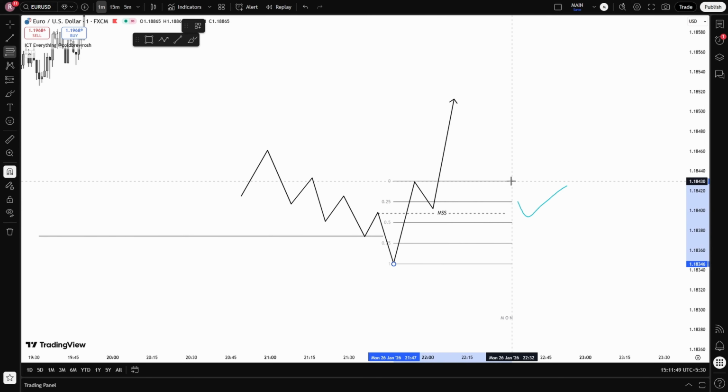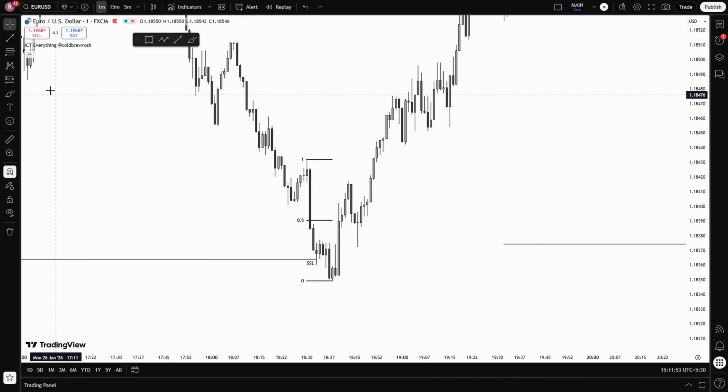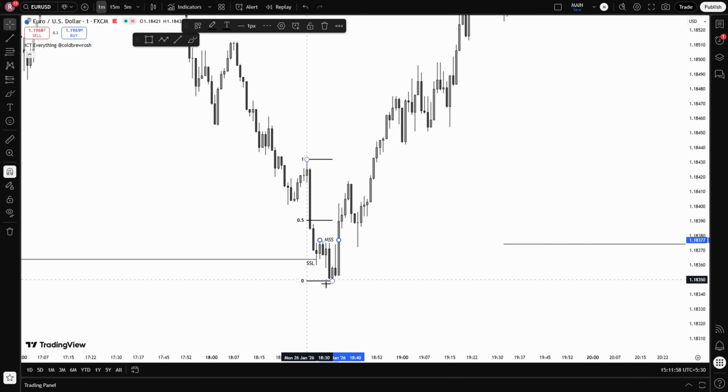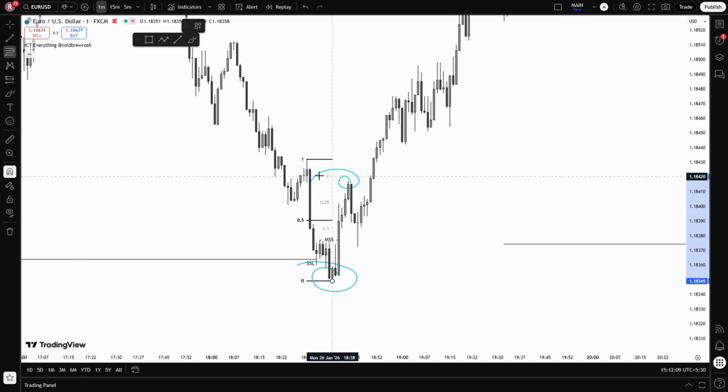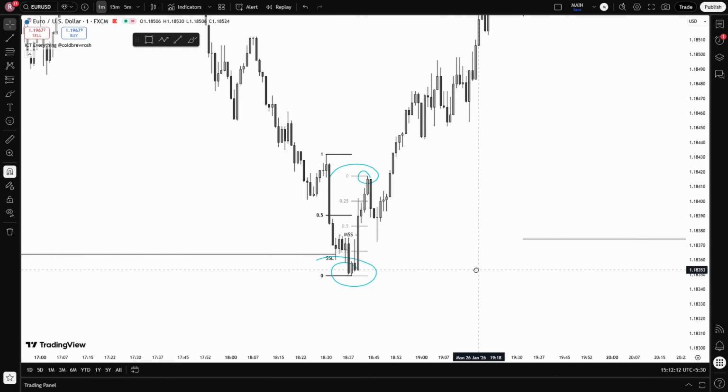In this example, you can clearly see that price gives us a market structure shift after the liquidity sweep. Now what I do is mark the low from where this market structure shift starts, and then I mark the high where that impulsive move ends. The entire move between that low and that high is what I call the displacement leg.